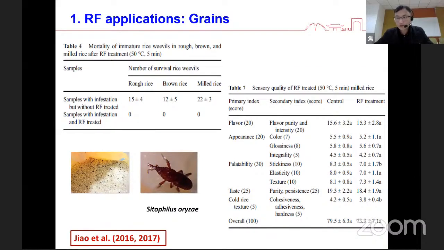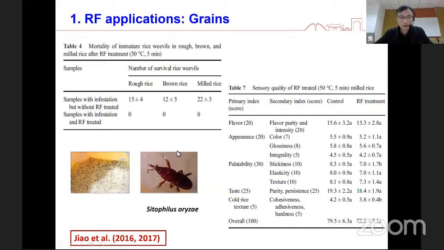So generally, we need to use the mild RF heating process. Then it can keep better product quality. And we also did the sensory evaluation and found there is no clear difference between the control and the RF treated samples.